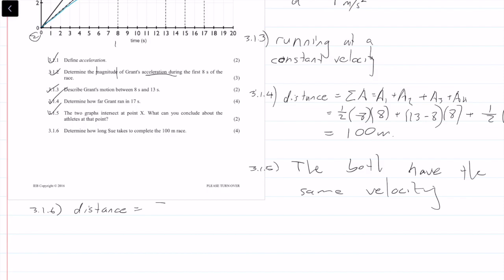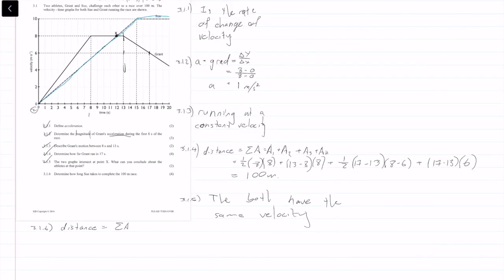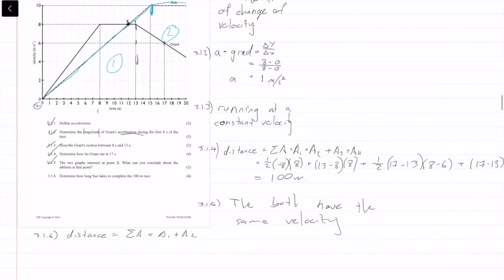is equal to the sum of the areas, which is equal to area 1 plus area 2. The triangle is 1, and the rest is going to be 2. The rest is a rectangle.